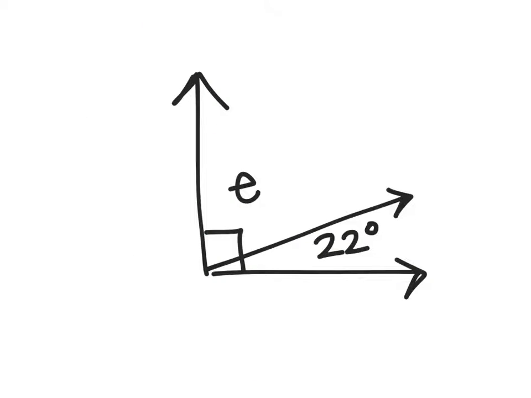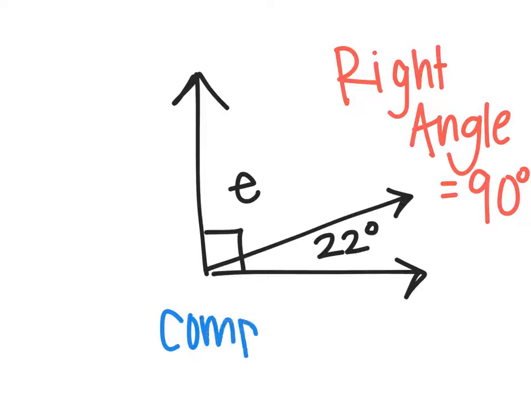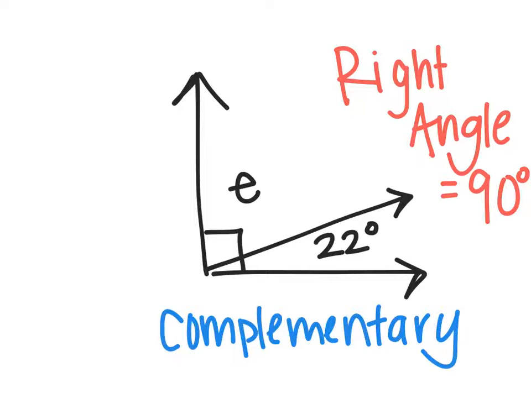Okay, so let's practice together. So here we have a right angle. We know that. And we know that a right angle equals 90 degrees. So these two angles, because they equal 90 degrees, they are complementary. I have given you the measurement of one of the angles.